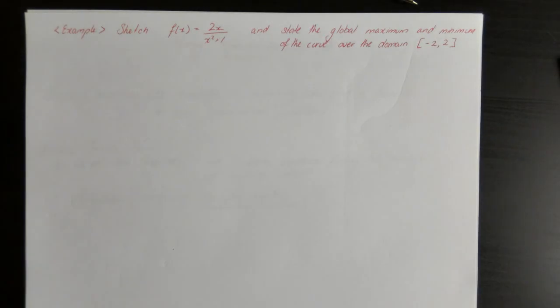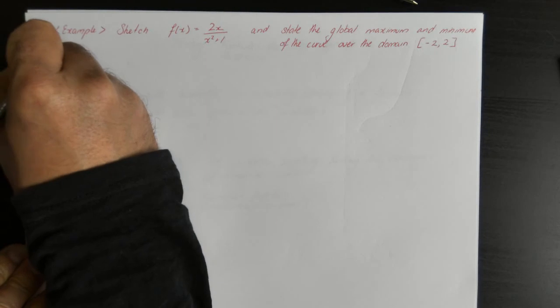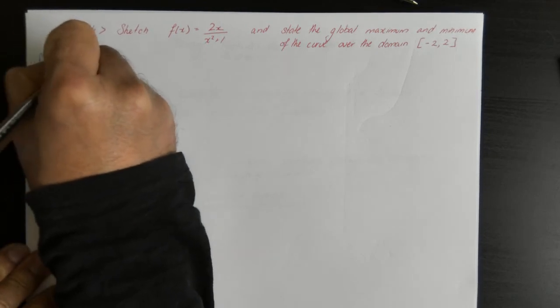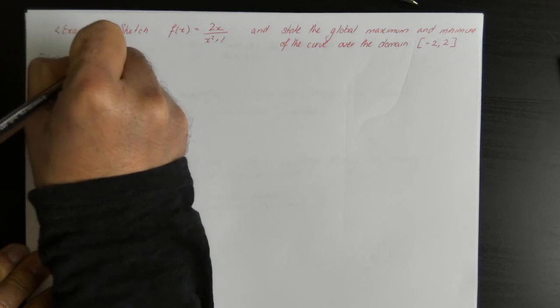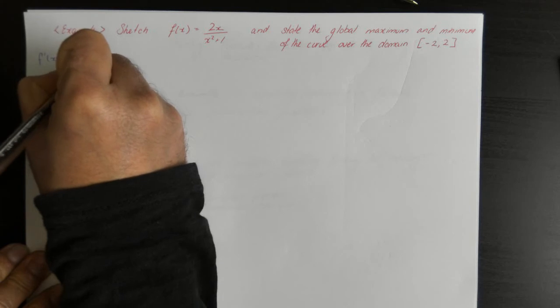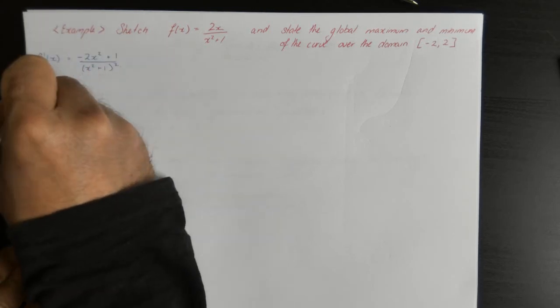Now we want to sketch this function f of x equals 2x over x squared plus 1, and we want to state the global maximum and minimums of the curve between -2 and 2. Okay, so the first derivative, and I'll let you guys do that yourselves, but the first derivative ended up being -2x squared plus 1 over x squared plus 1 all squared.